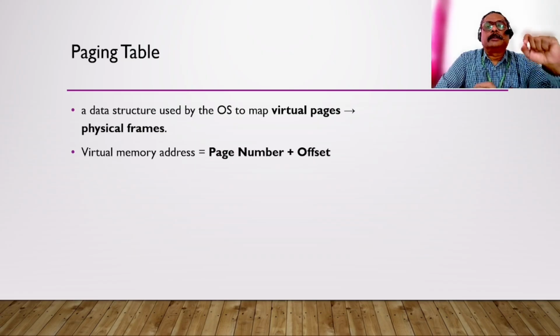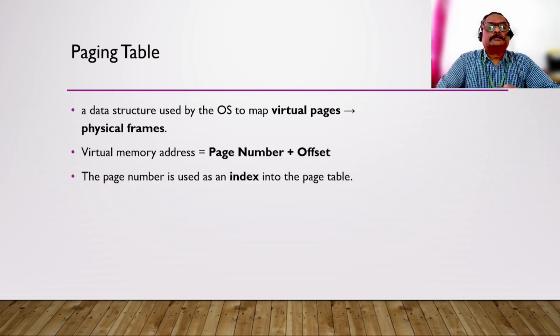The page number is used as an index to tell which page we are referring to. Inside that page we have a list of instructions and data, and which particular instruction or data we are referring to is given by the offset. So any virtual memory address can be computed using the page number plus the offset inside the page.